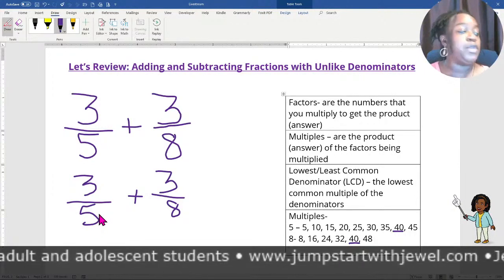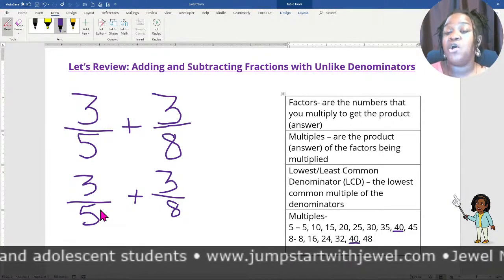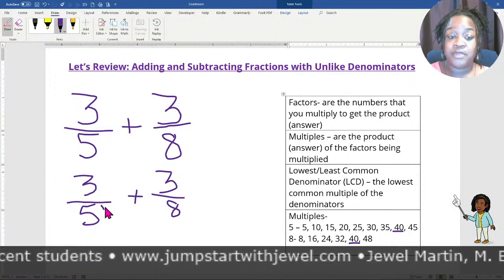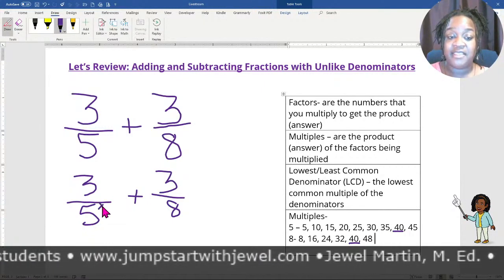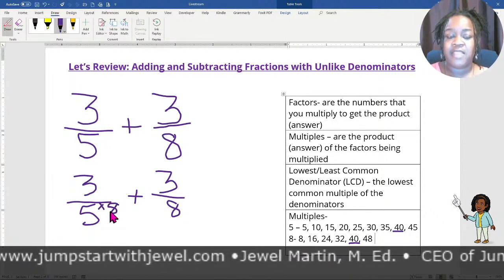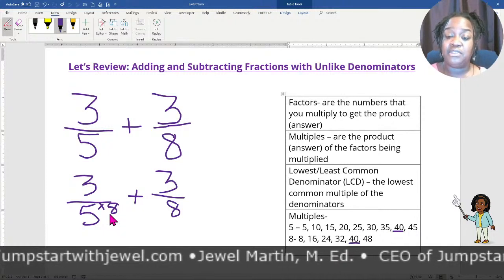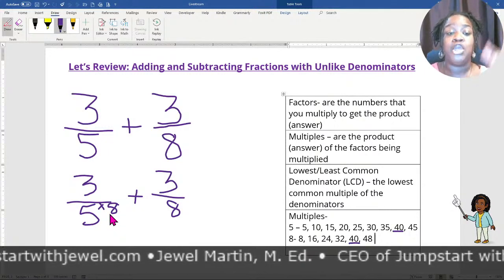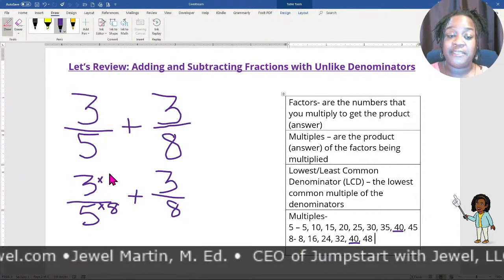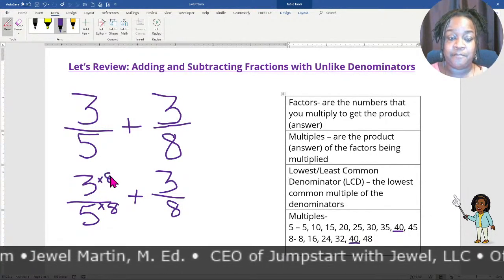What number, when you multiply it times 5, will give you 40? That number is 8, because 5 times 8 is 40. So I put a little x there and an 8 there. And then again, whatever you do to the bottom, the denominator, you must do to the numerator. So we're also going to multiply the 3 by 8.